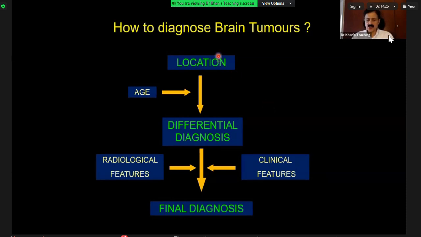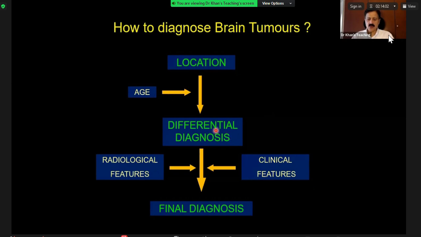So location changes the differential diagnosis. And then age is a critical factor. Just like bone tumors, age was very important. So in the same location, if it's a child, the differential might be different. If it is an adult, the differential might be different.